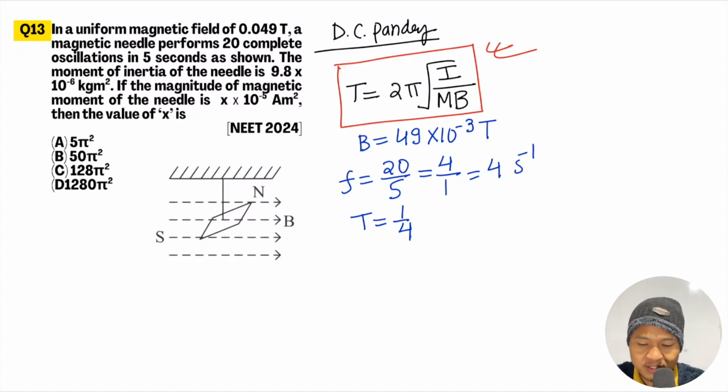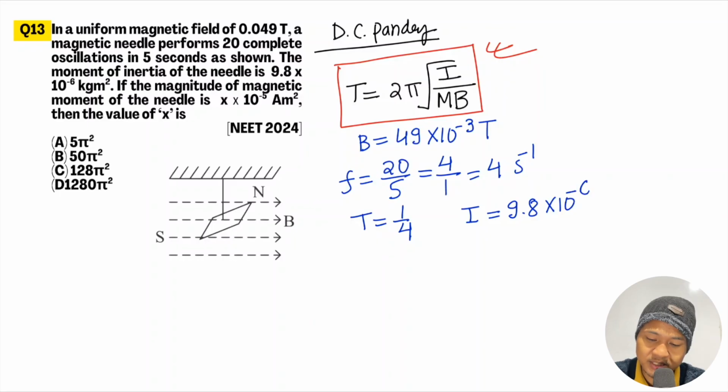The moment of inertia is 9.8 into 10 power minus 6. If the magnitude of the magnetic moment is x into 10 power minus 5, find x.